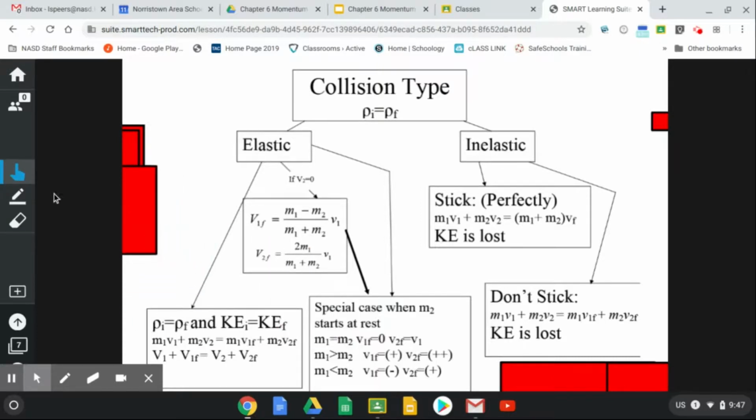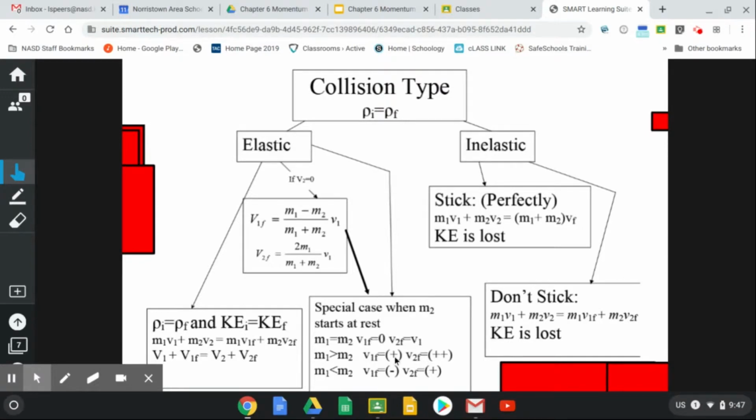Okay. So this just summarizes all that down here. If m1 and m2 are equal, the final velocity of the first object is 0, and the second object moves off with a velocity equal to the first object. If m1 is bigger than m2, the bowling ball hitting the bowling pin, they both fly off in the positive direction, or the direction that the bowling ball is rolling.